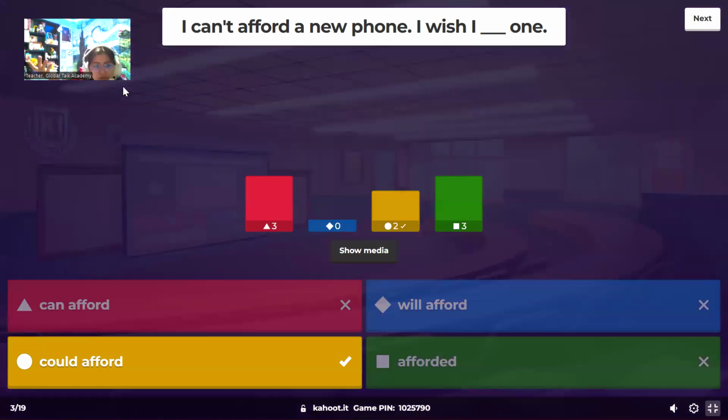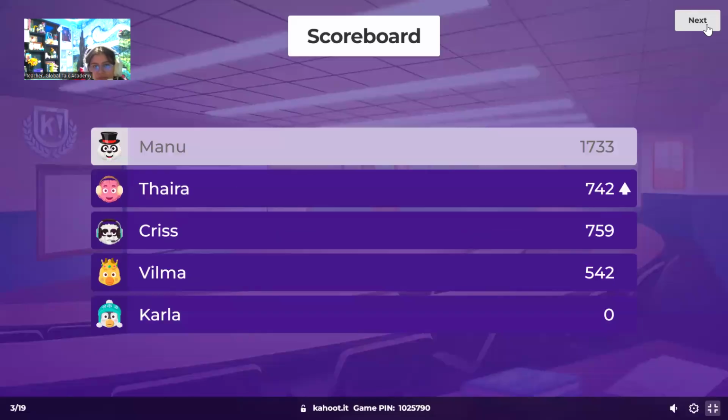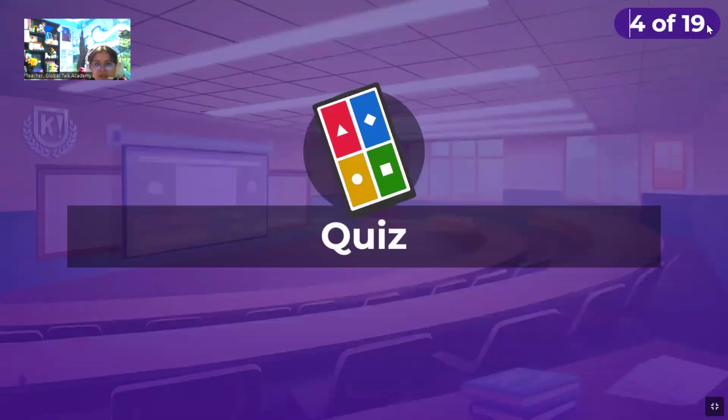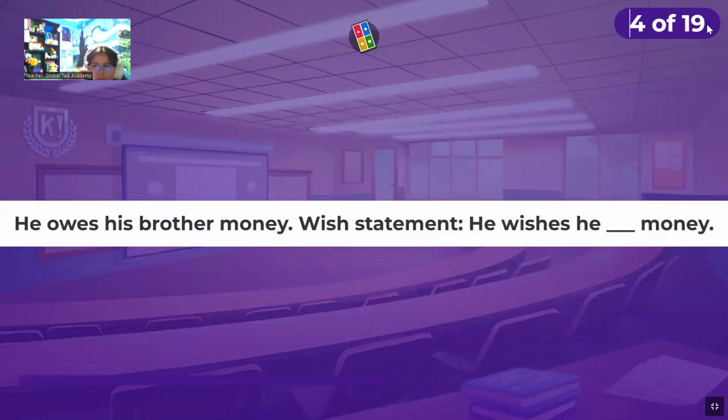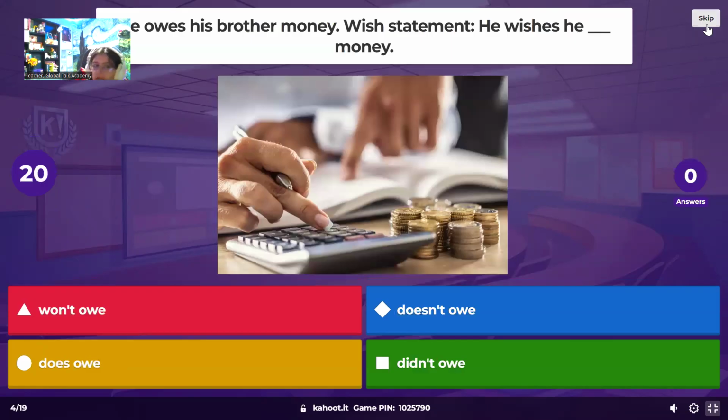In this case, it's could, right? So I can't afford a new phone. I wish I could afford one because could can be used in the past also. So I wish I could. Desearía que pudiera, something like that.